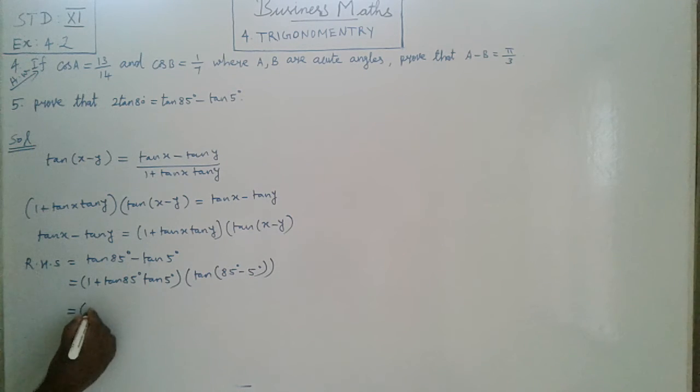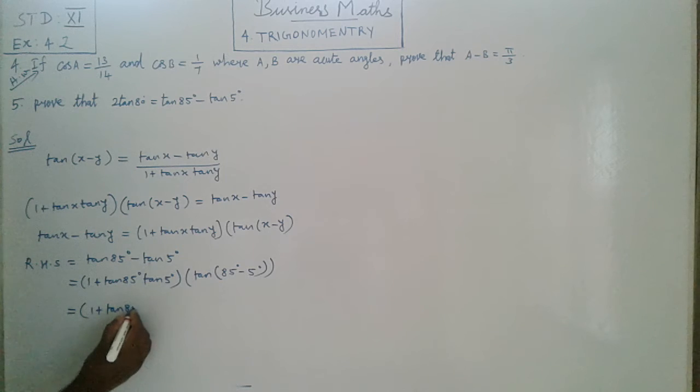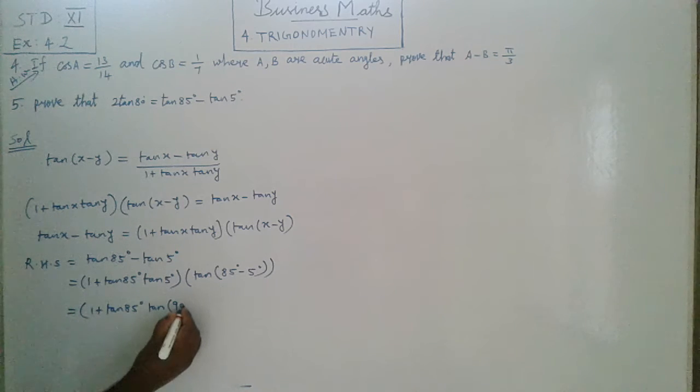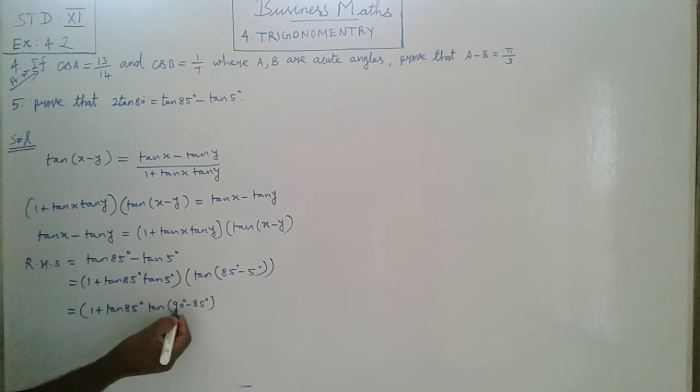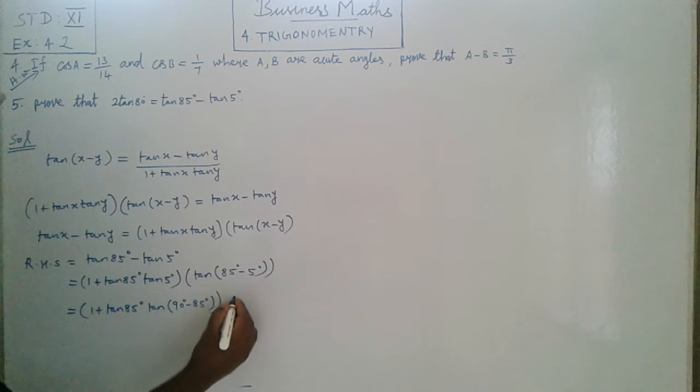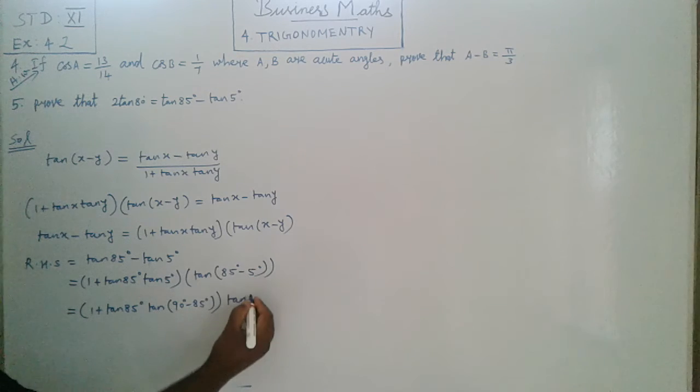So 1 plus tan 85 degree, tan 90 minus 85 is 5 degree. 5 degree we should change in this format, tan 90 minus 85. Next one, tan 85 minus 5 is 80 degree.